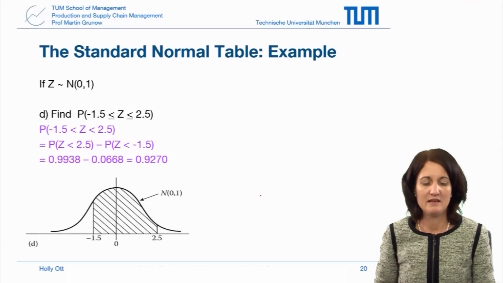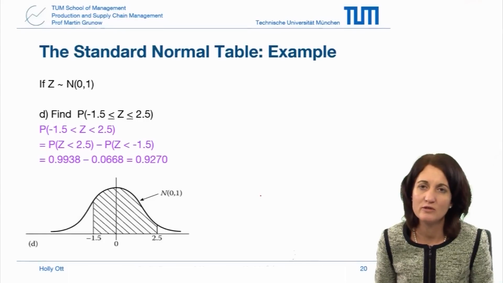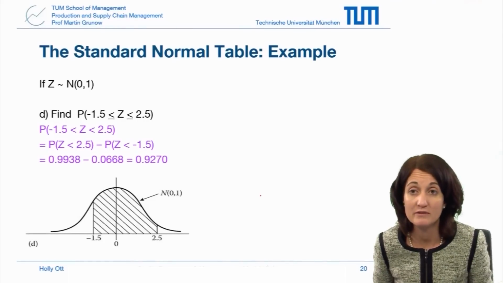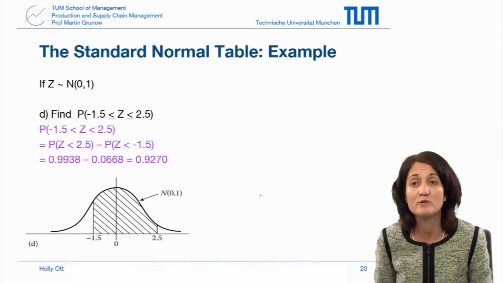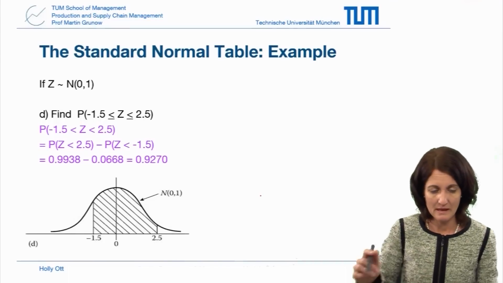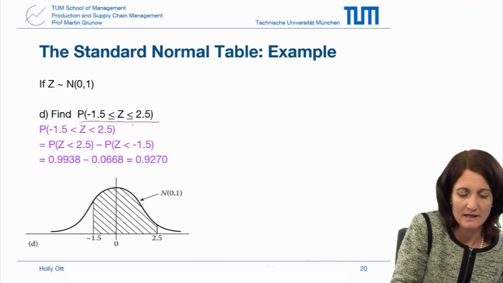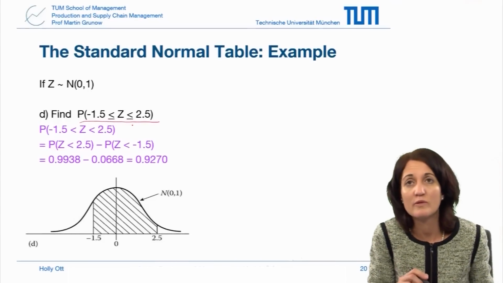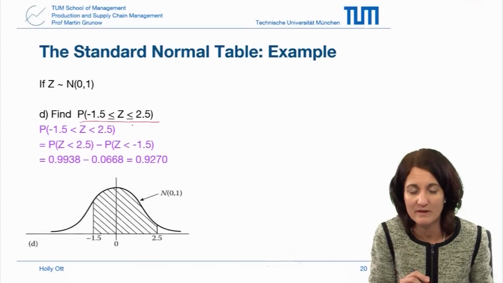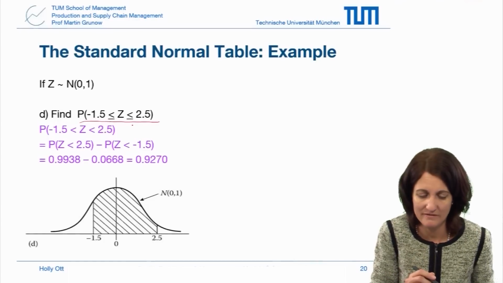Okay, now example D. Suppose we're interested in the proportion that Z is between two values. We can still use our table. Here we are looking for the probability that Z is less than or equal to 2.5 and greater than or equal to minus 1.5. We can do that by subtracting our CDF values.